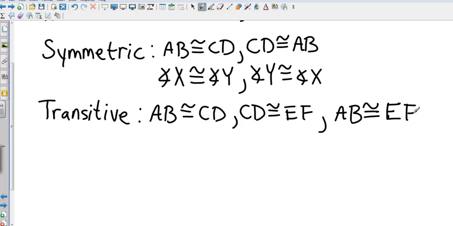Okay, so transitive property is working with three different segments or angles.